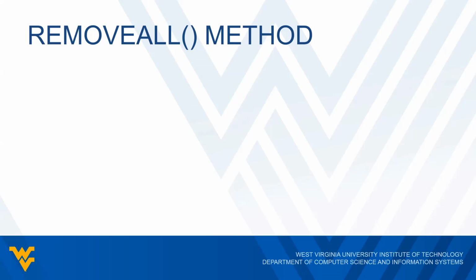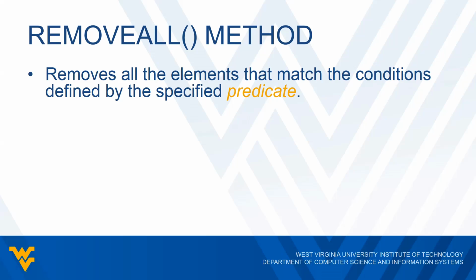The next method we'll look at is the remove all method. Now, I'll warn you that the way we execute this method is going to be very different from what you've seen so far. The idea with this method is we're going to look at every element in the list, and we're going to remove all the elements that match a specific condition. And this condition is going to be determined by what we call a predicate.